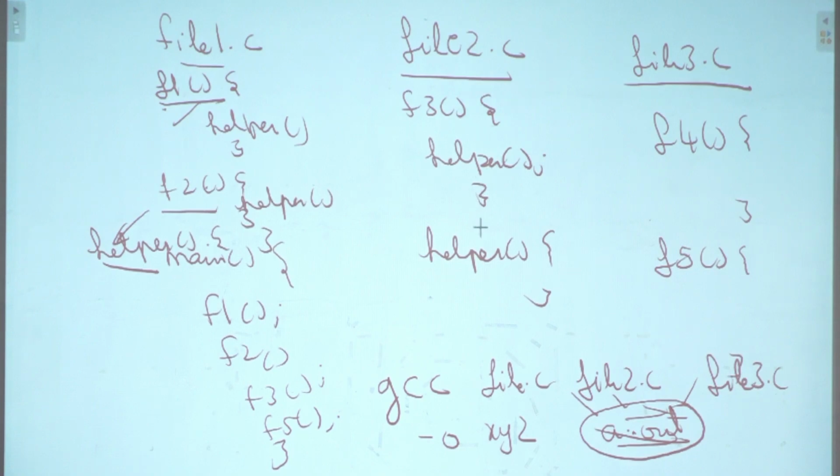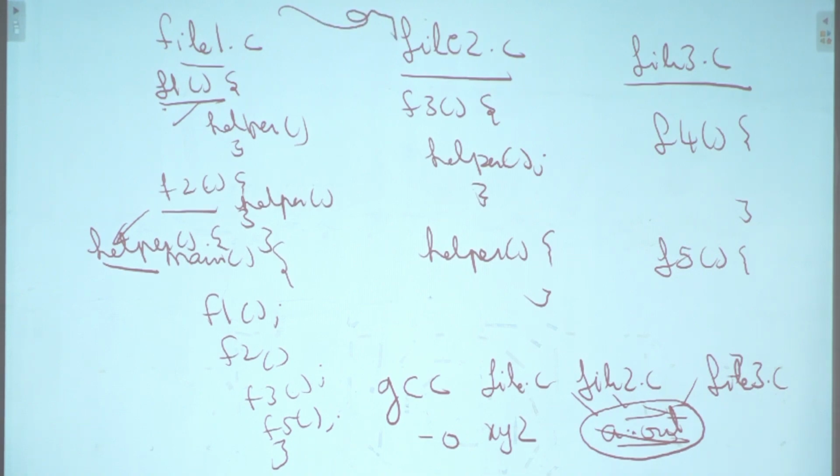This was fine. Now as long as file2.c was not combined with file1.c, it was working fine. The moment it combined with file1.c and was compiled together, an error came.